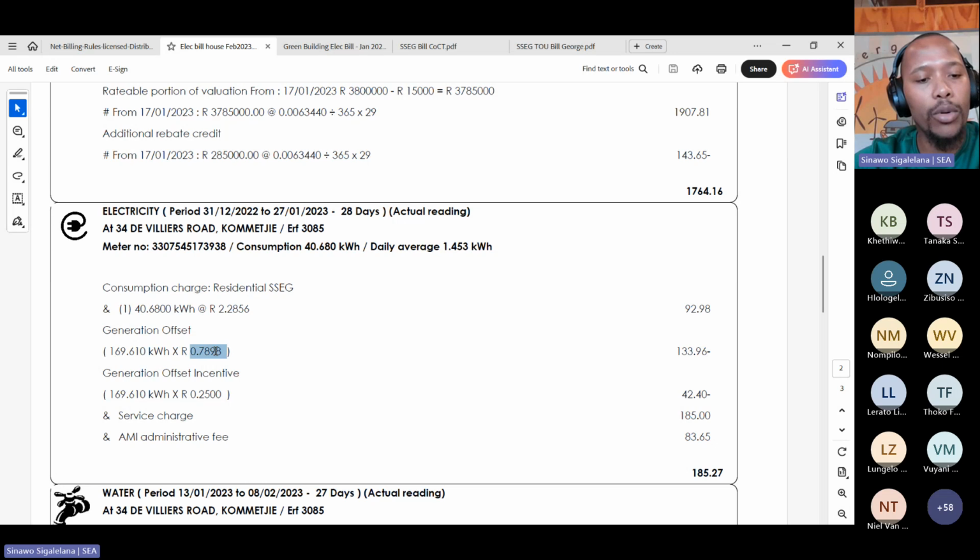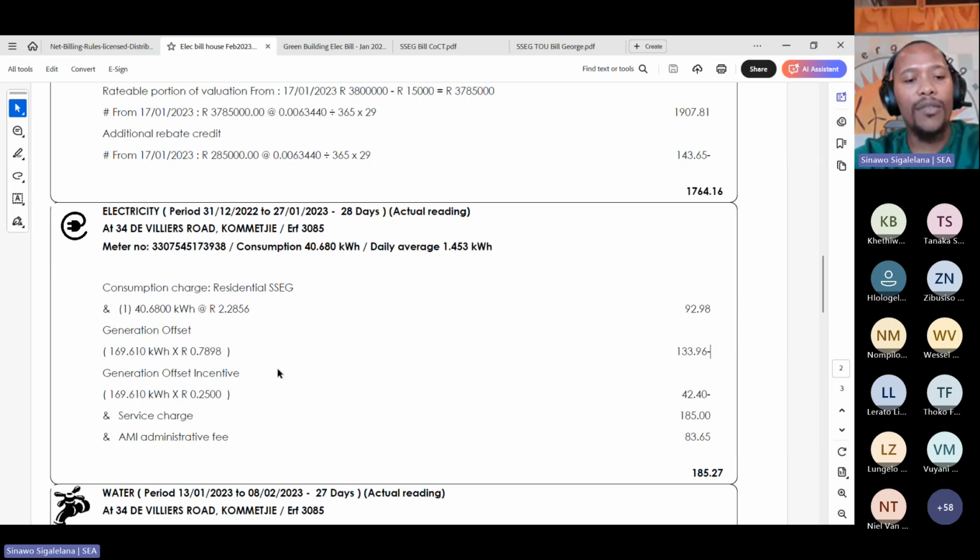This is the credit that the municipality gives to the customer. They call it generation offset, but this is a credit, which accounts for 133.96 rands. So they used around 40.6 kilowatt hours, and the bill was 92.98 rand. They sold back to the municipality around 169.6 kilowatt hours, and this is how much they should have been credited for.